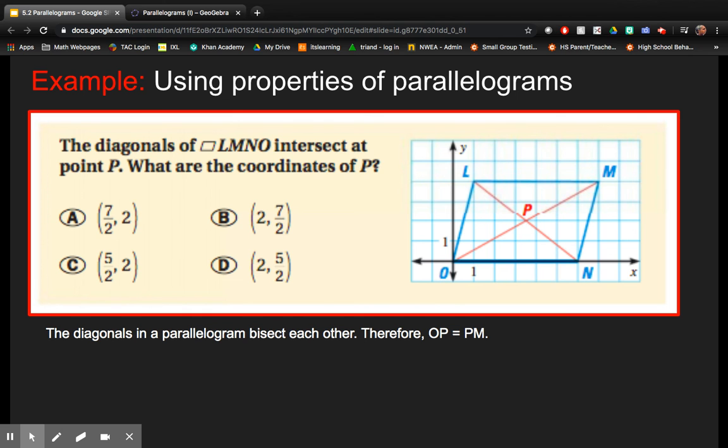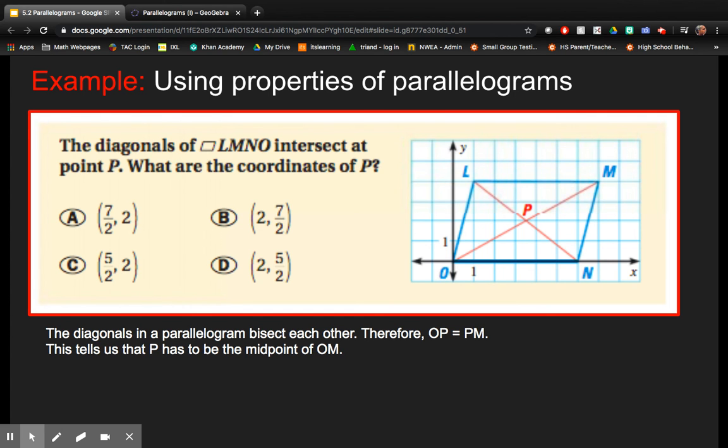Therefore, OP has to be equal to PM. If that's true, that means point P has to be the midpoint of the line segment OM. It has to be the middle.